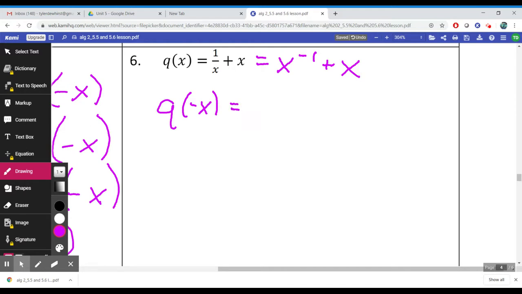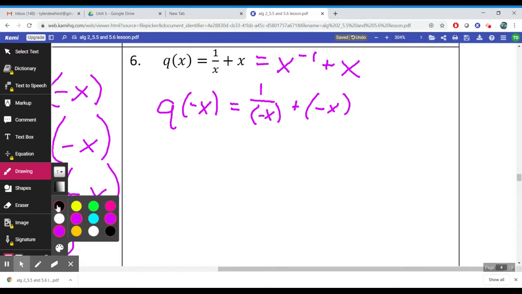So we would have 1 over negative x plus negative x. We can get rid of some of these parentheses here. This negative here, we're allowed to pull up into the numerator if we wanted to, right?